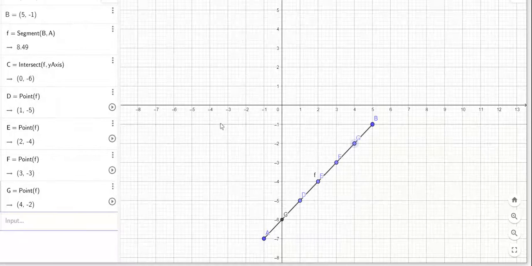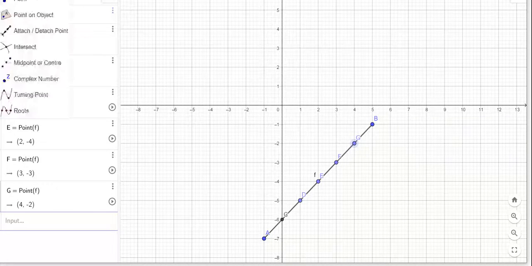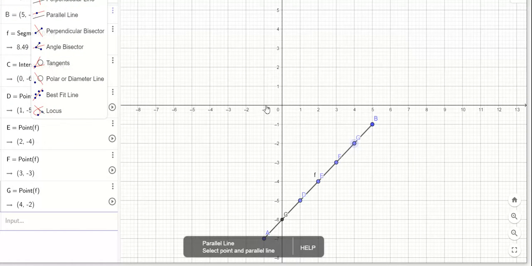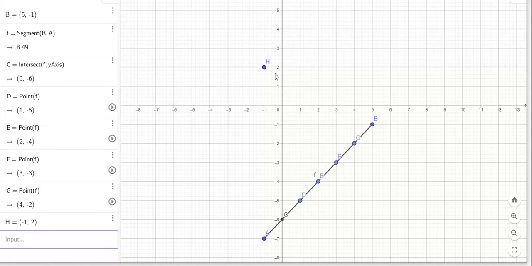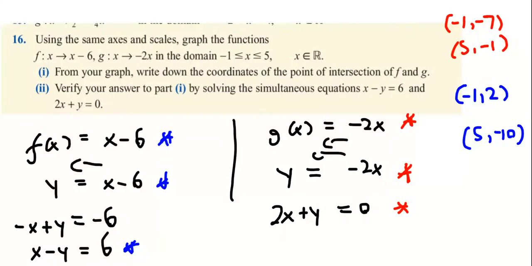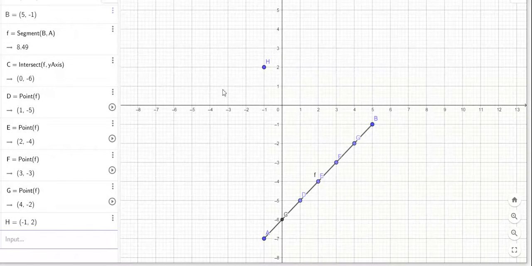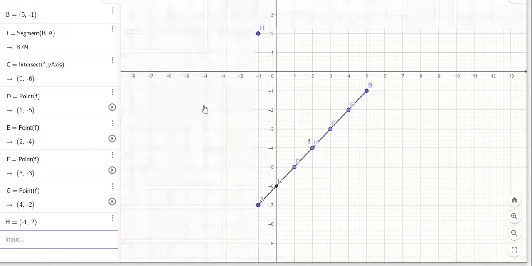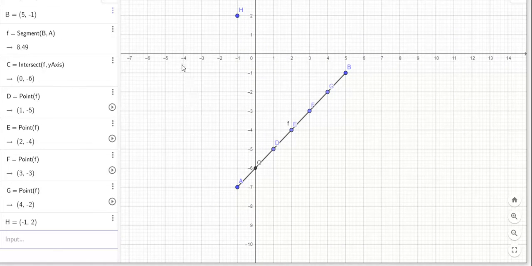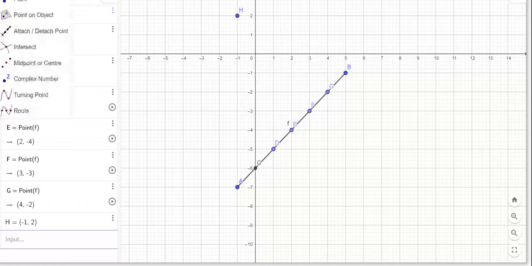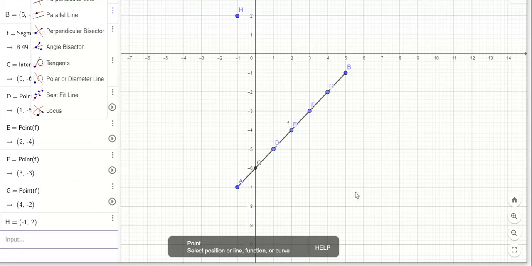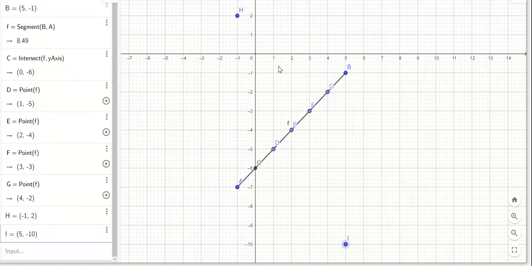So here's what we're looking at. -1, 2 is located here, and the other one is 5, -10, which is a good bit of the way down. Okay, so I'm going to go as far as here. 5 across, -10 down, which is located here.